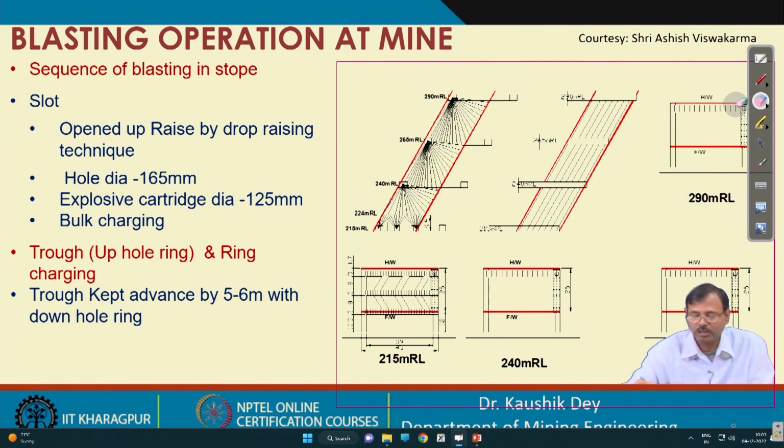There are cases where we may need to have the full ring condition. If that is the case, generally we go this way, we are having our sub-level at this position, and this is our draw level, and we carry out our drilling like this.